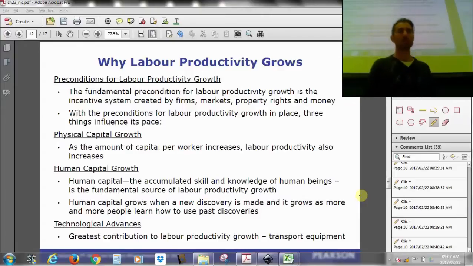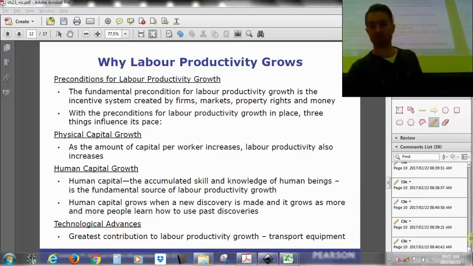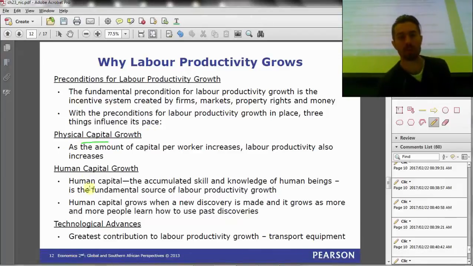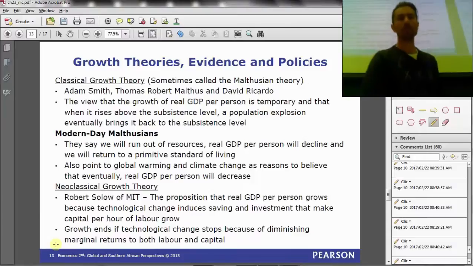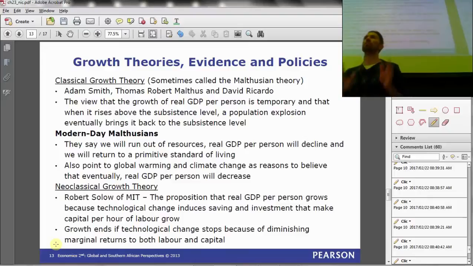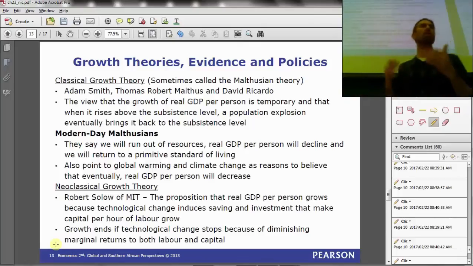Right. So this is the slide that we were on. We basically just finished it. Change in physical capital. So here we got physical capital, human capital, technology. And basically, depending on how influential you think those different aspects are, kind of determines which growth theory you're going to lean towards.